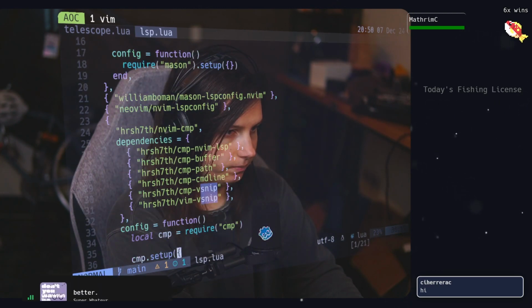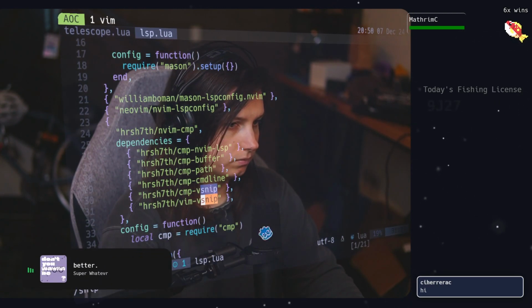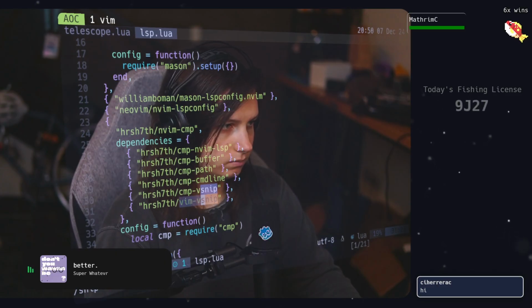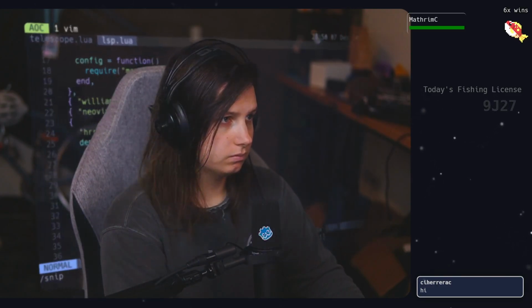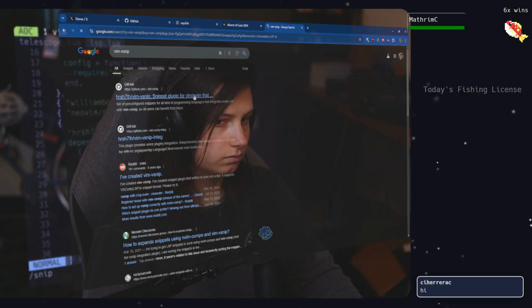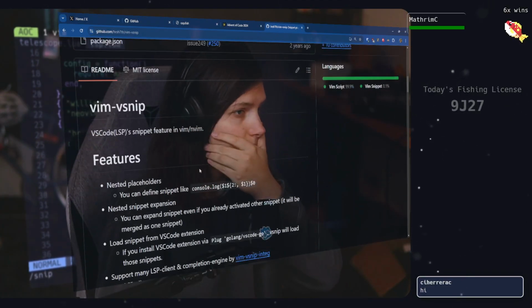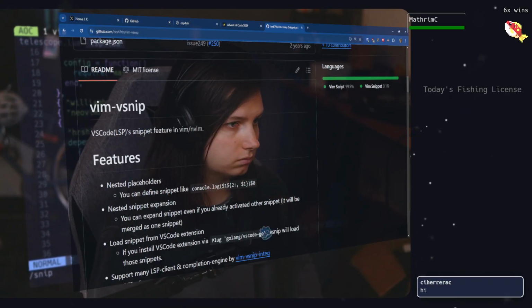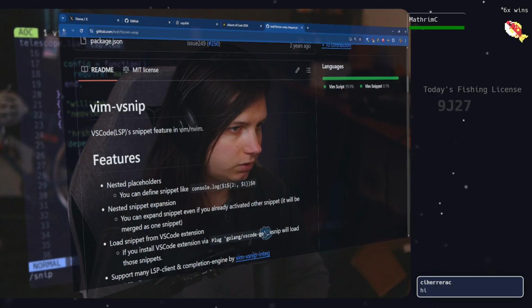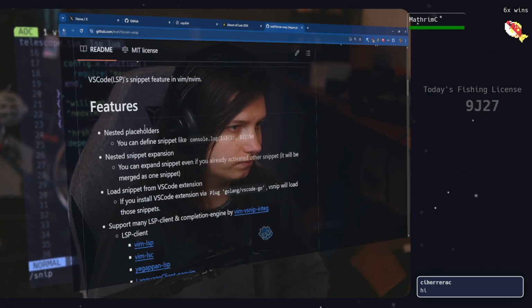VSnip. I want to learn how to use this thing. VS Code, LSP's snippet feature. Can define a snippet like this.